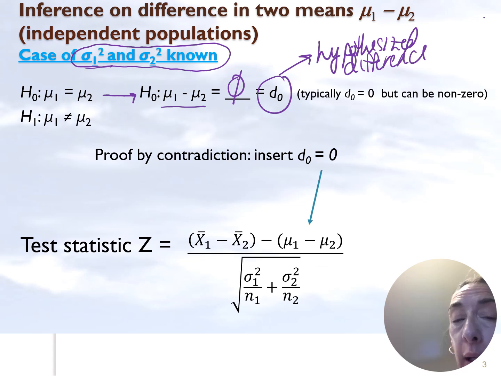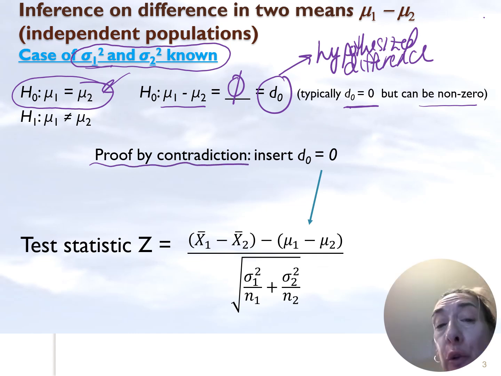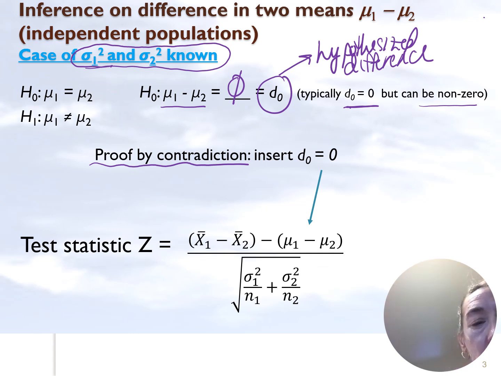Typically when we're doing hypothesis tests, the hypothesized difference is 0 because oftentimes this is what we're testing, that there's no difference in the means. However, the hypothesized difference can be non-zero if you're hypothesizing up front that there is a difference. But in this case, there is no difference. So we now want to proceed with our proof by contradiction because that's how hypothesis tests proceed. Remember, proof by contradiction involves, in order to try to prove the alternative, you have to assume the null to be true.